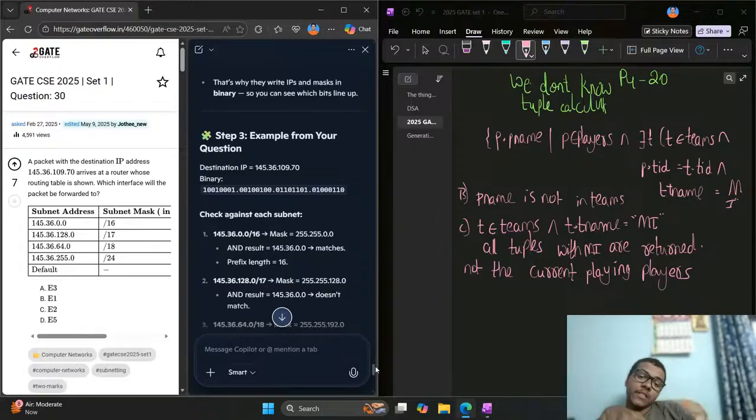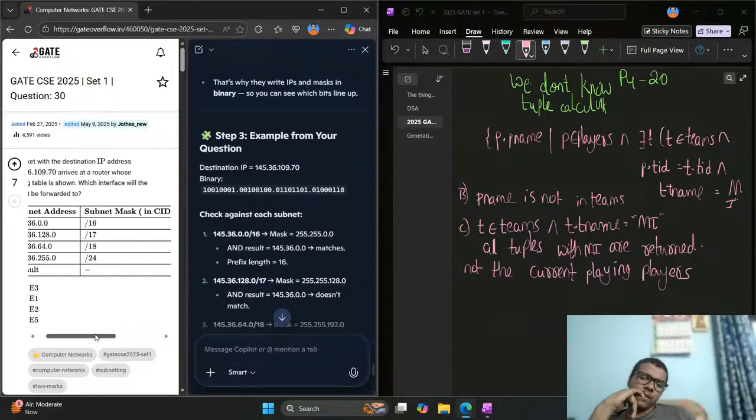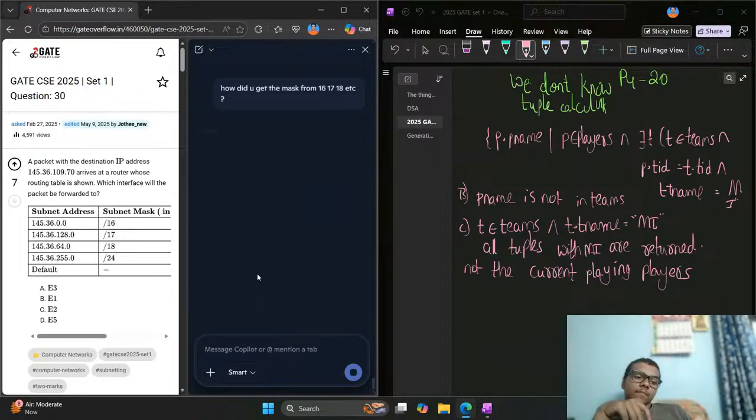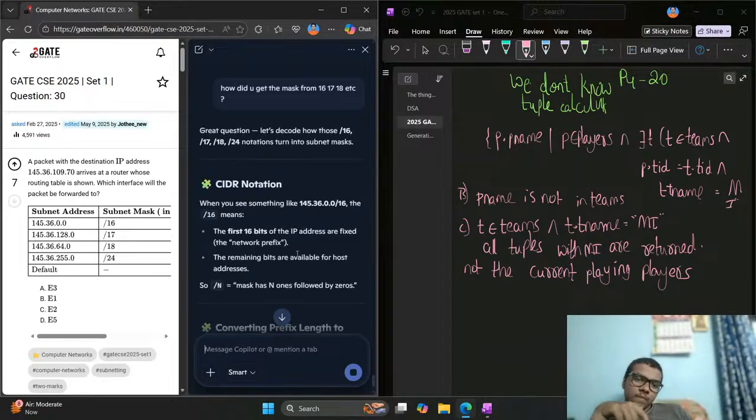This is an 8-bit representation. CIDR notation.